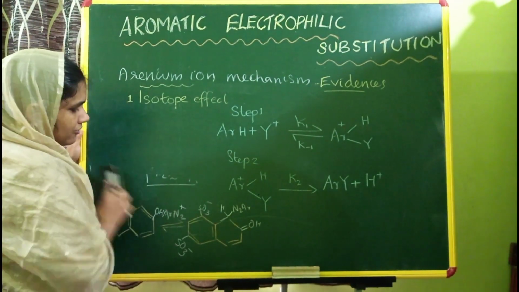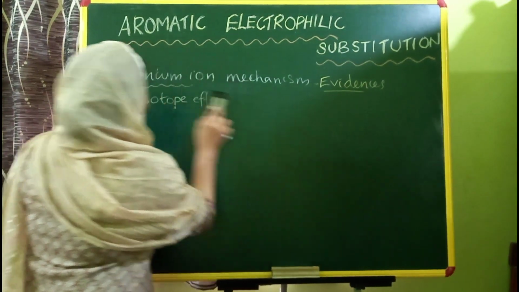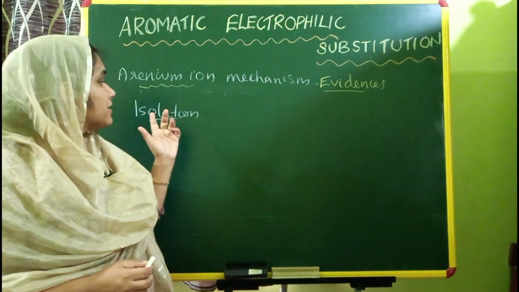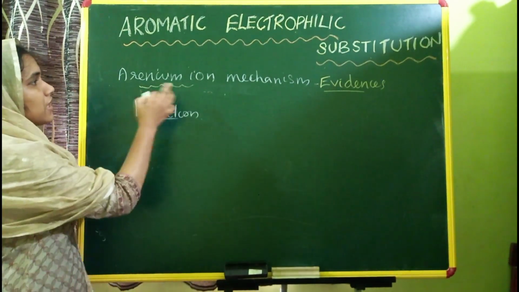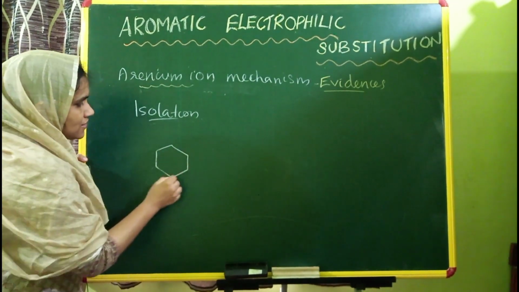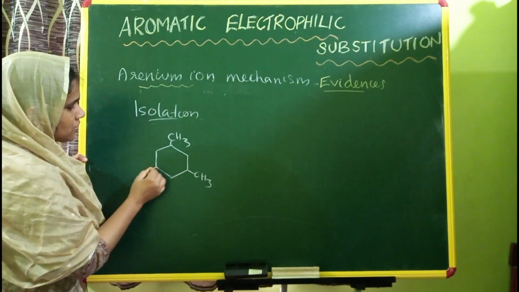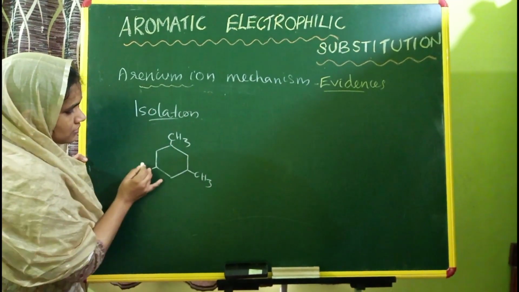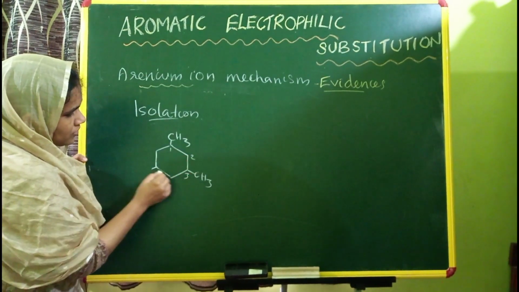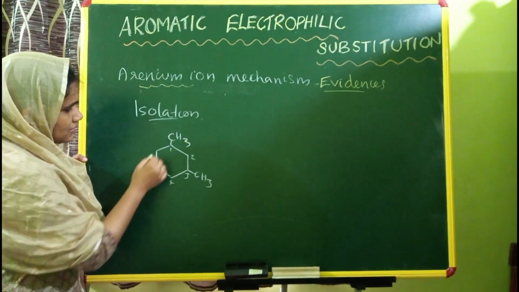Okay, the next evidence is the isolation of the Wheland intermediate, that is, isolation of the arenium ion intermediate. We know the compound mesitylene, in which three CH3 groups are substituted at the 1, 3, 5 positions of the benzene ring.